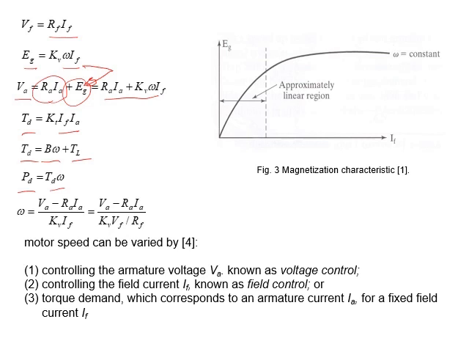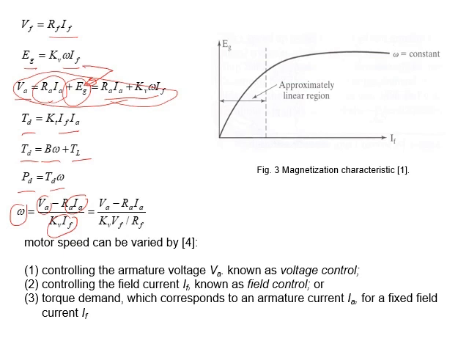From this equation, we can find ω, the speed, with respect to the other parameters, which is V_A minus R_A I_A over V field I field, where I field is V field over R field. From this equation, we can conclude the following.